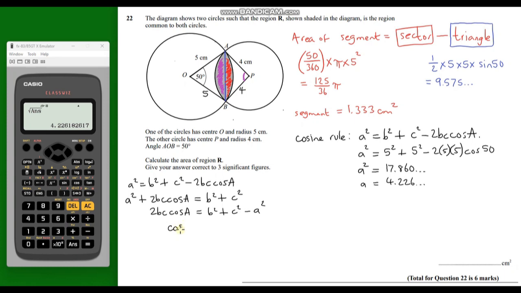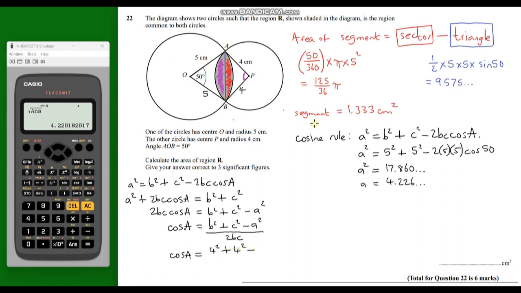So we've got cos of A is equal to B squared plus C squared minus A squared, and all of that over 2BC. So we have all of the values now. So the cos of our angle is going to be 4 squared plus 4 squared minus A squared.